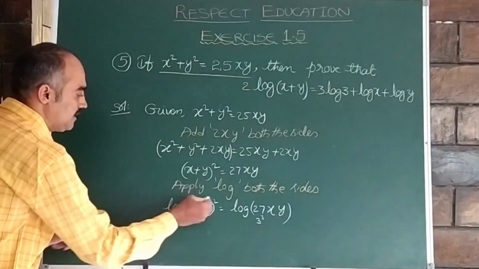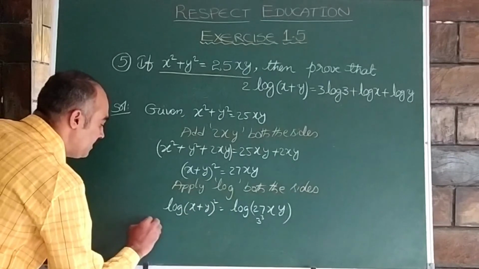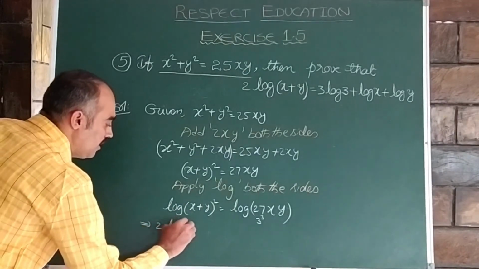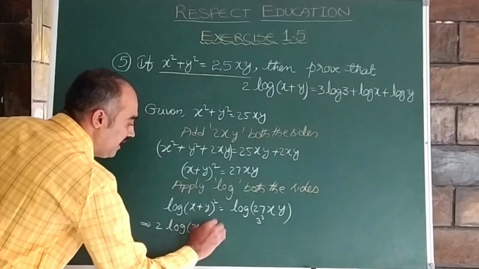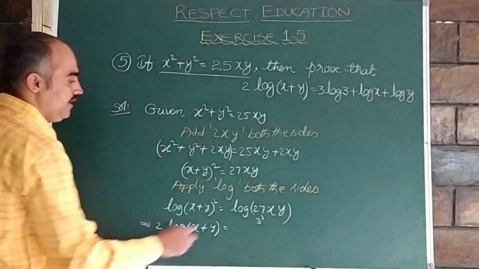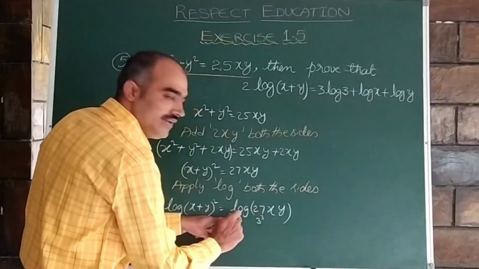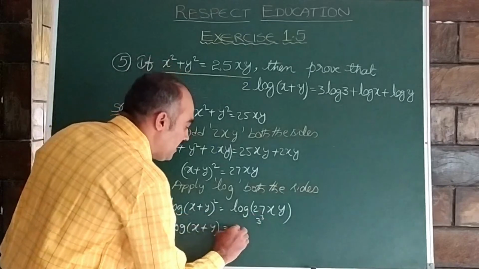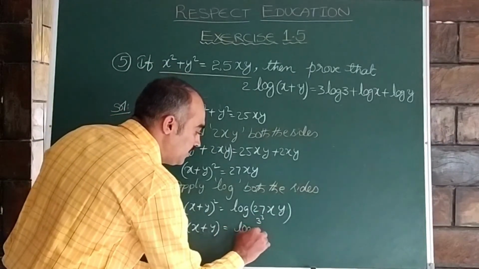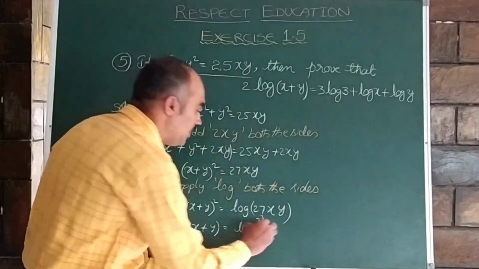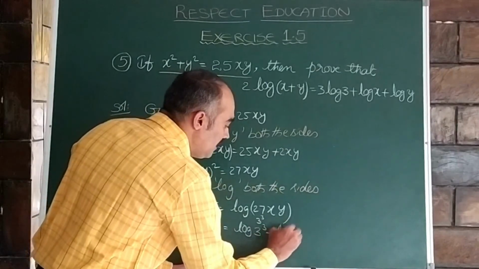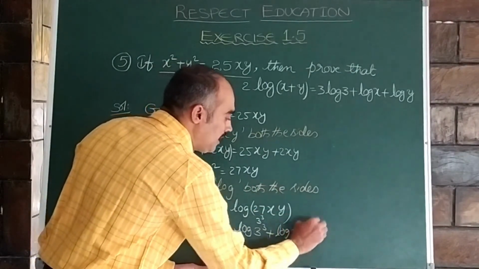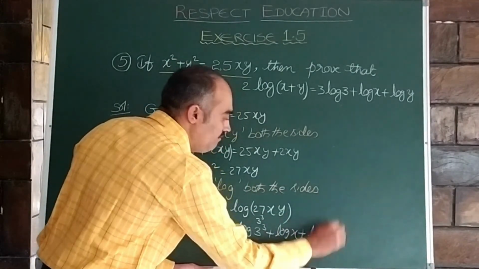Now in the further step, write 27 as 3 cube and let us split this logarithm. Now this 2 comes forward. It is 2 times log x plus y is equal to, here you see I am writing 27 as 3 cube, so I can write it as log 3 cube, plus log x, plus log y.